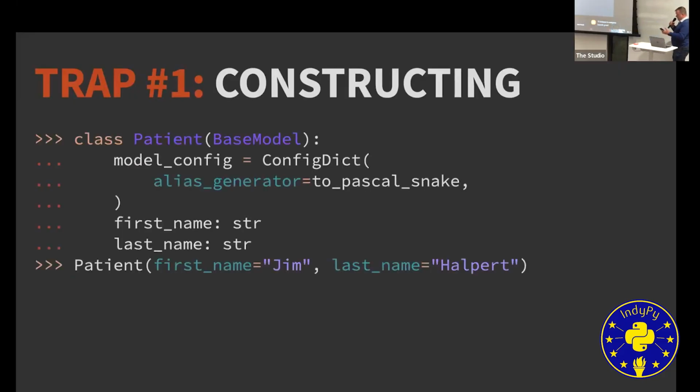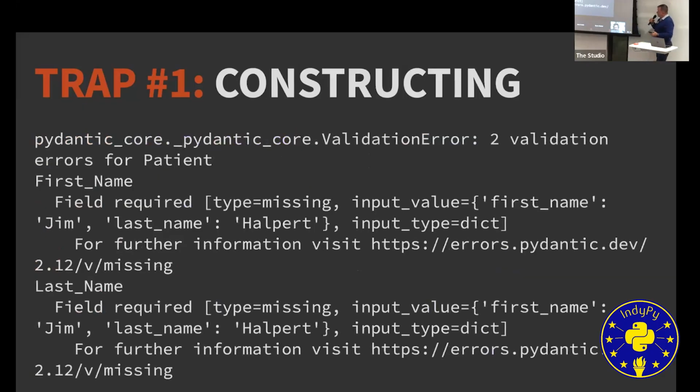Anyone want to venture a guess as to what's going to happen here, where we have our toPascal snake alias generator, and we're trying to construct a patient using snake case in the constructor? If you guessed validation error, pat yourself on the back, and let's take a look at what's going on here.